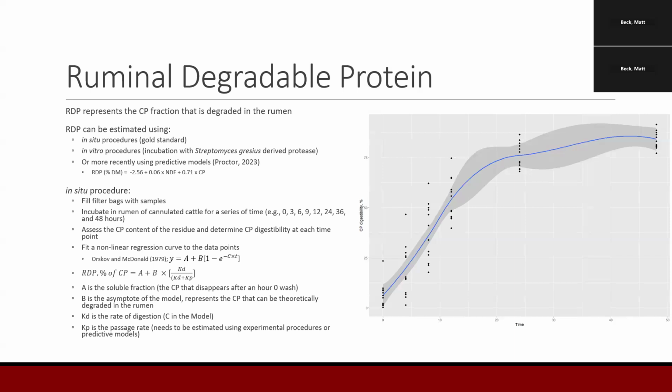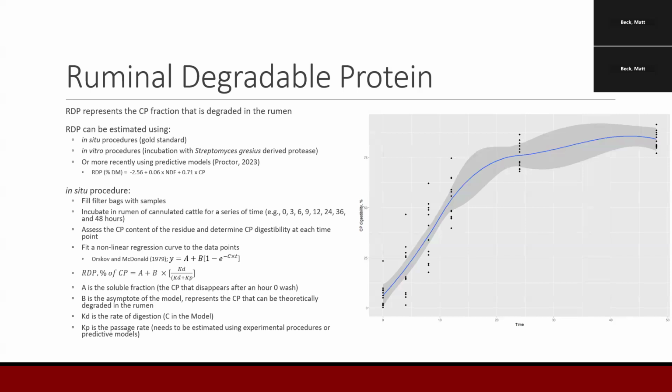We compare that with rate of digestion and rate of passage, and we can calculate RDP. For the soluble fraction, we assume that 100% of it is RDP. So RDP equals A plus B, our asymptotic crude protein digestibility, times rate of digestion divided by rate of digestion plus rate of passage, which will give us RDP as a percent of crude protein.